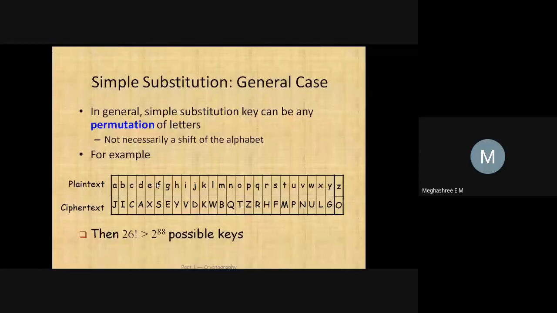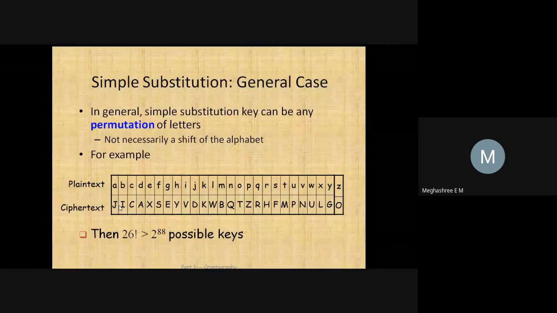Yes? See here, for A, the ciphertext generated is J, right? For B, the ciphertext generated is I. But in the regular order, whenever you write from A to Z, I comes before the J, right? So if I'm using any shift here, for B, it should be after J, right?